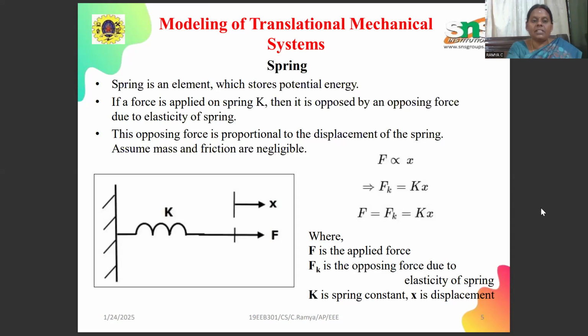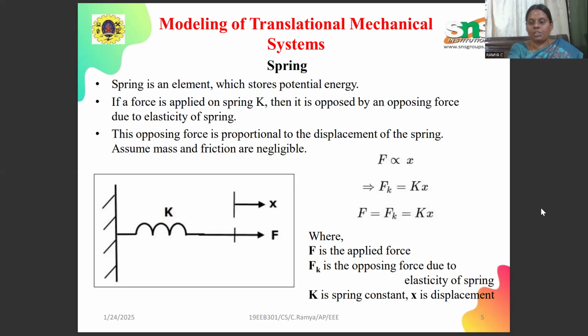The next element is the spring, which has the capacity of storing potential energy. Here also, we are applying a force on a body which has a spring alone, and that will produce an opposing force due to the elasticity of the spring. This opposing force is proportional to the displacement of the spring, and we are assuming that mass and friction are negligible.